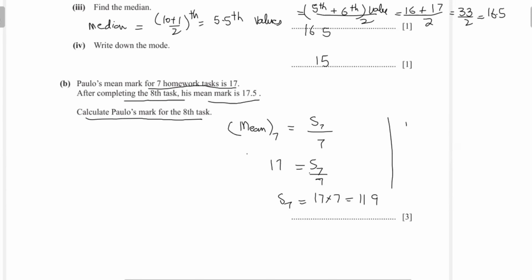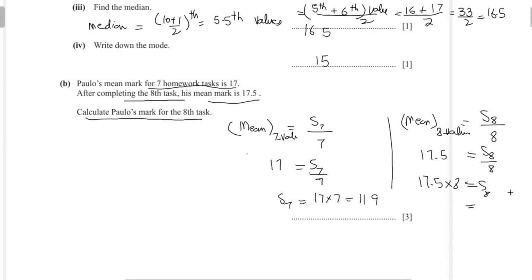And next is the mean of 8 values. That will be equal to S8, the sum of 8 values, divided by 8. Here 17.5 equals S8 over 8. And the sum of 8 values will be equal to 17.5 multiplied by 8, and this will be equal to 140.